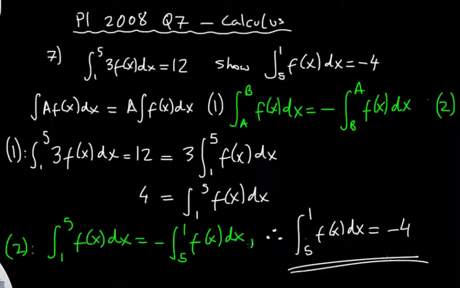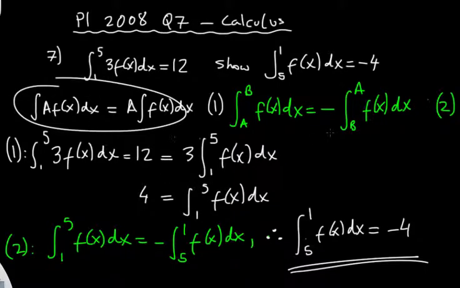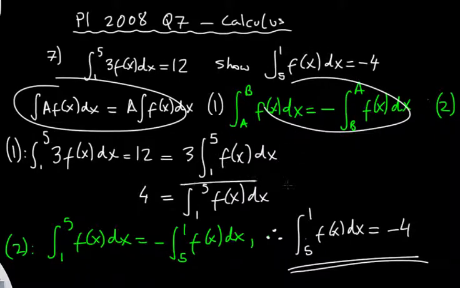Okay, that is quite a lot of work for 2 marks, but don't worry about that, because as you practice these you can do them more and more quickly. I've done it in quite a long-winded way to explain it all, but you can use these 2 relationships here and jump a couple of lines, but I've just laid it out so that you can see it properly.